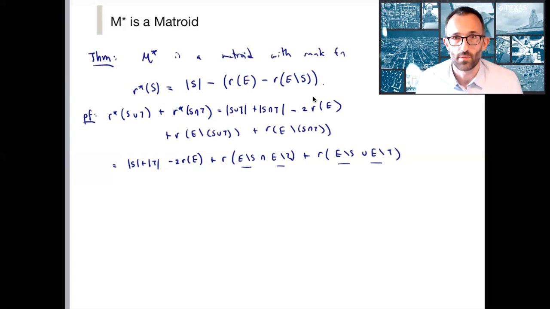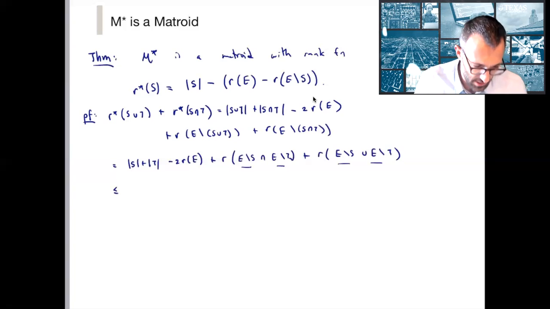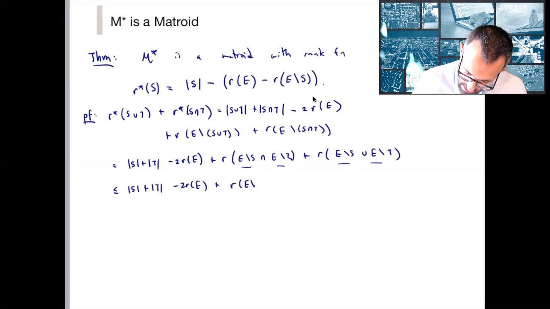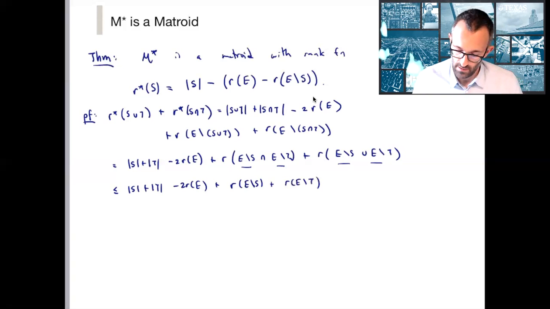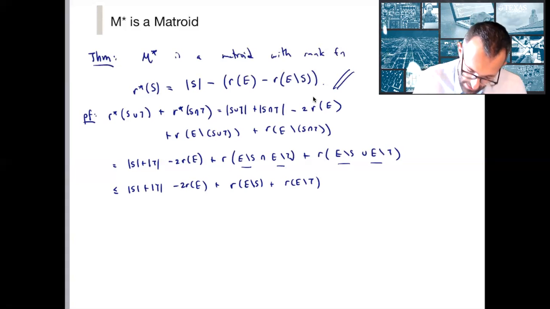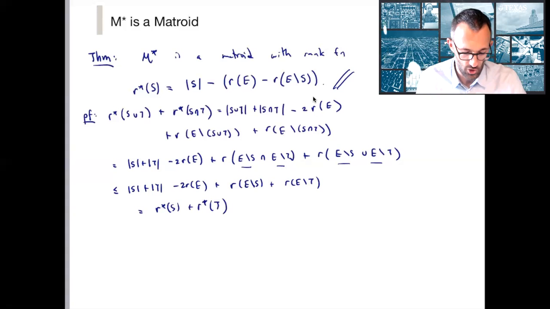So I can apply the submodularity inequality for R. This is upper bounded by the cardinality of S plus the cardinality of T minus 2R of E, nothing changed there, plus R of E minus S plus R of E minus T. But now you can see, just by reordering and looking at the definition up top, that this is exactly equal to R star of S plus R star of T. And that's what we wanted to show.